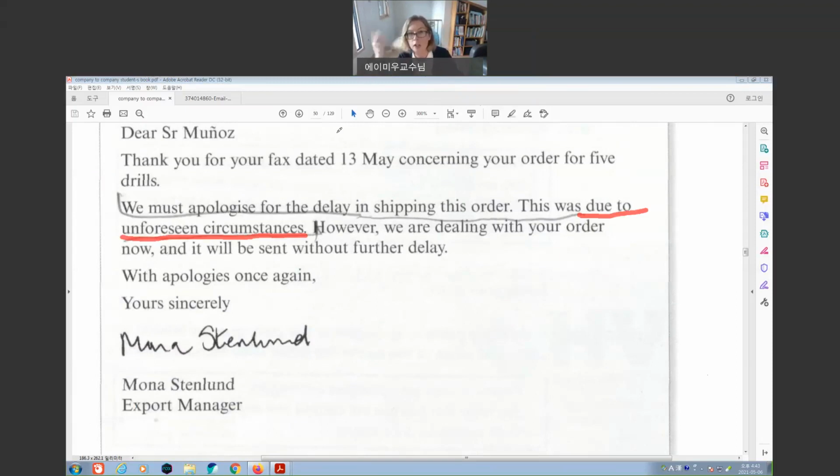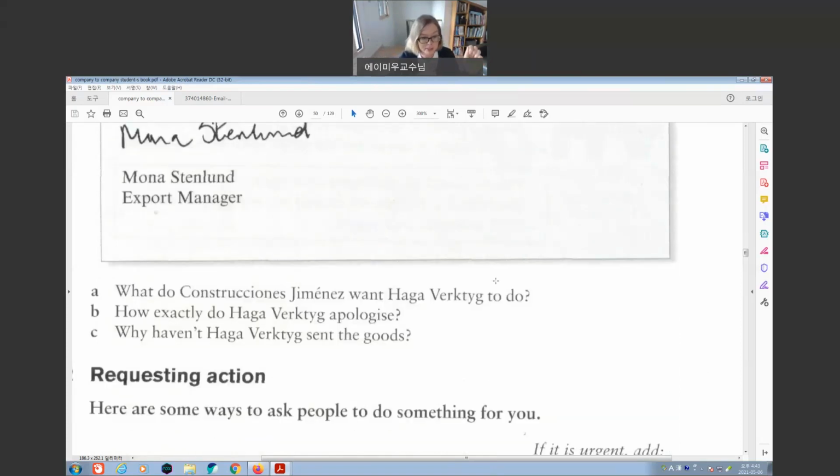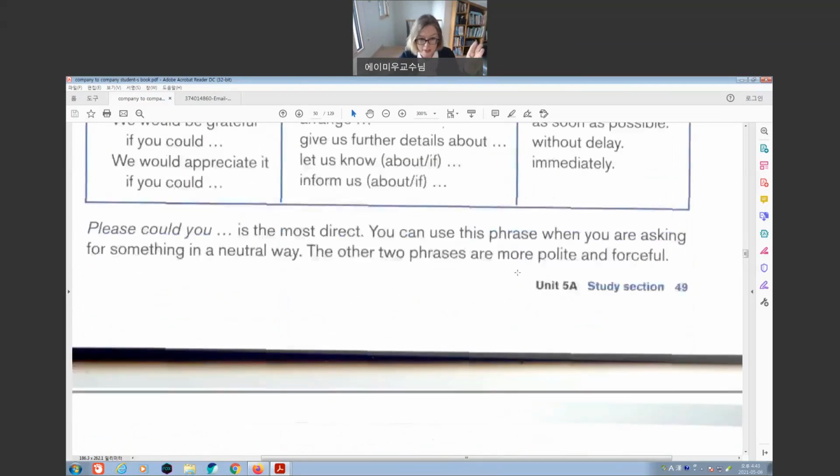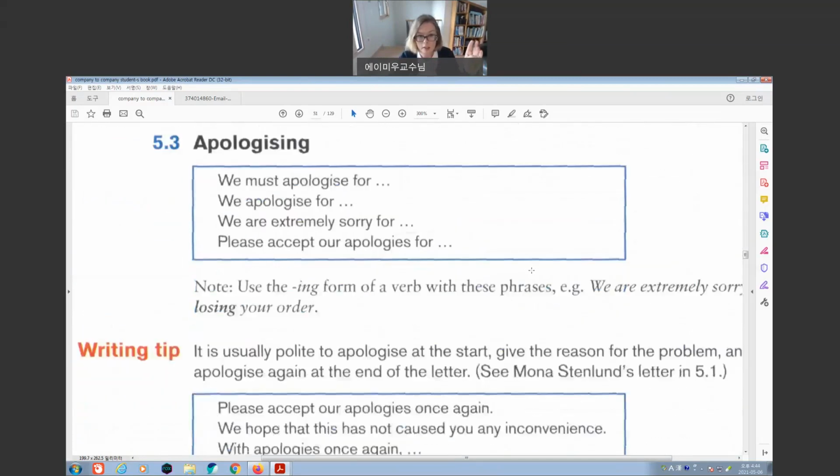So something out of their control, something that they're not taking responsibility for. It's a good technique to use: it was out of our control, there were unforeseen circumstances. Then you don't take responsibility. All right, let's move on to apologizing.